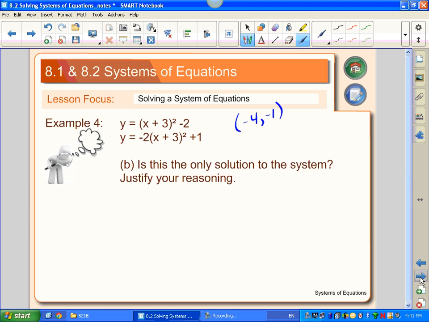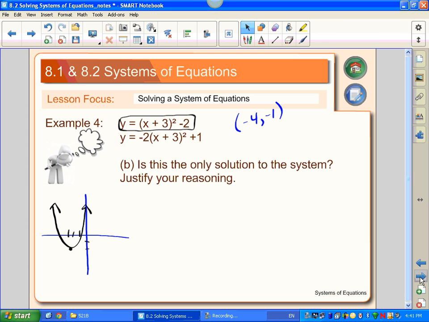Because these are in vertex form, I'm just going to do a really quick little graph. I'm going to graph this one with black. My vertex is at (-3, -2), right here. This is a parabola that opens up. So I have something like that.